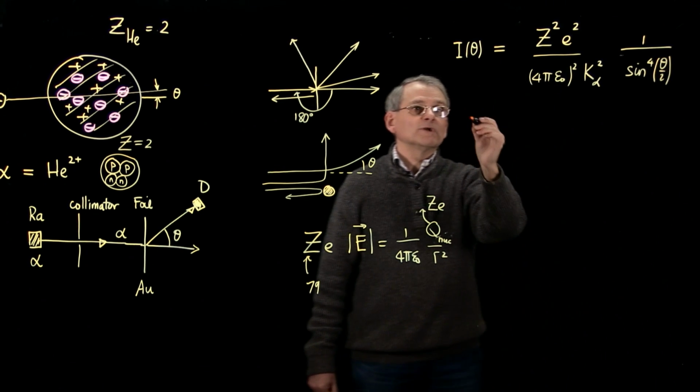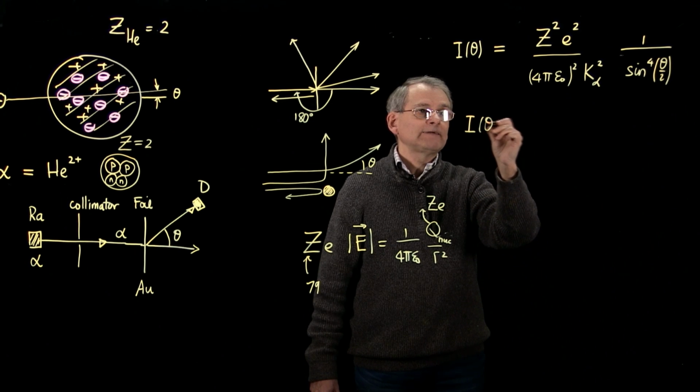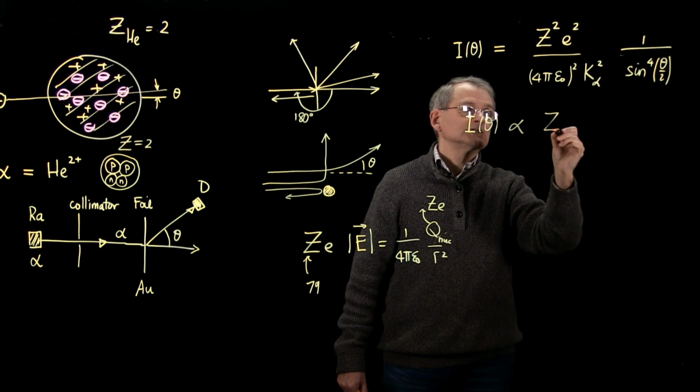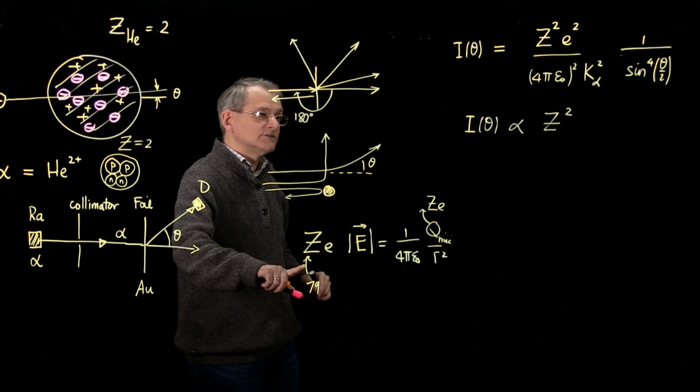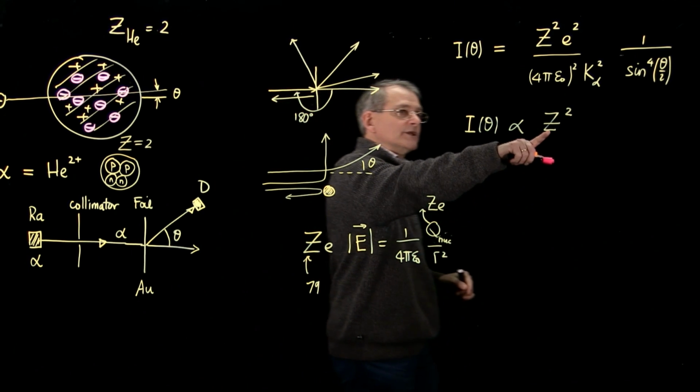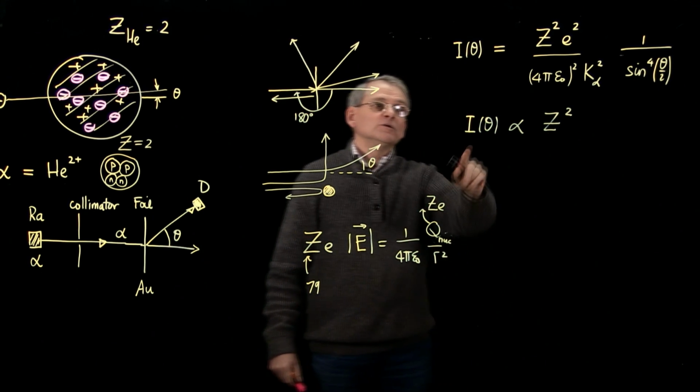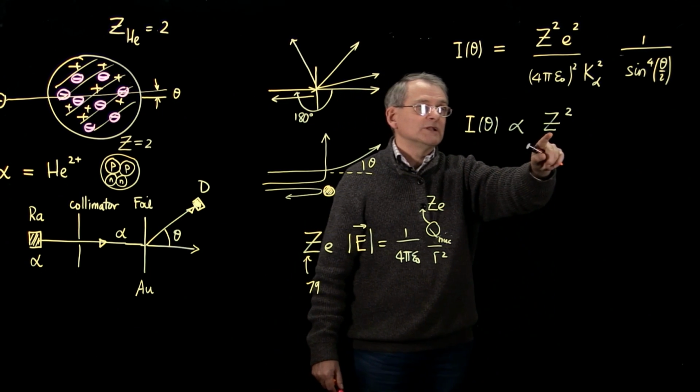So what is important to note is that the intensity is proportional to Z squared. And so by using gold, which has a large value of Z, Z squared is large, and you expect the number of particles scattered through an angle theta to be large.